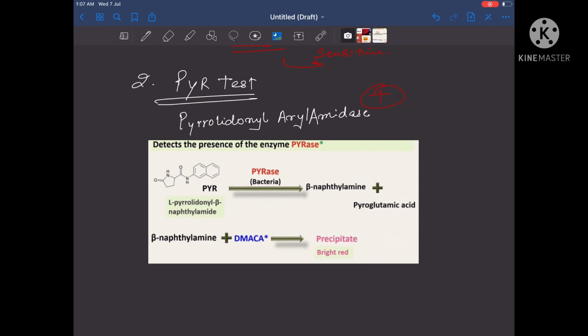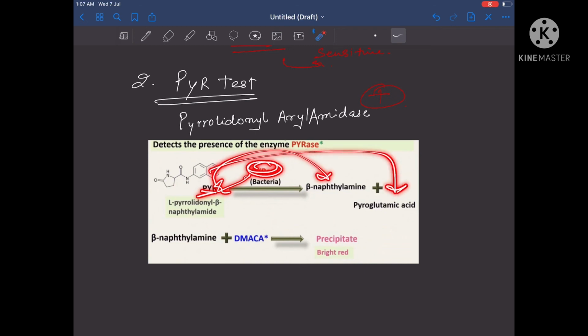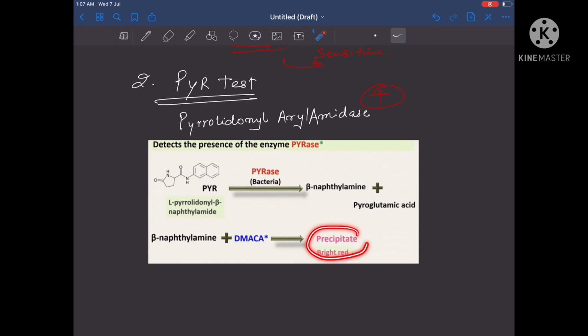The pyrase breaks the PYR into beta-naphthylamine and pyroglutamic acid, and subsequently beta-naphthylamine gets converted into a precipitate which is bright red in color and helps to distinguish between bacteria.